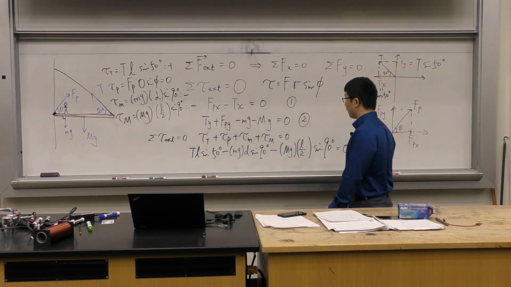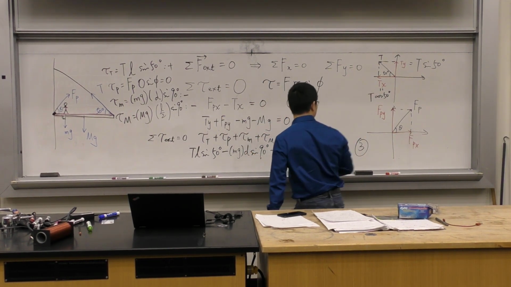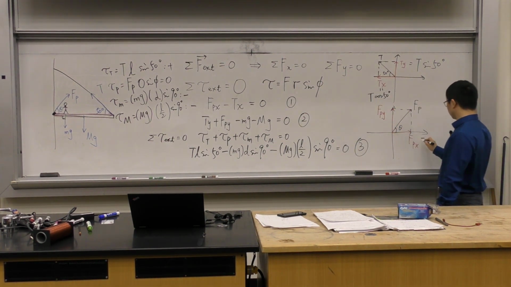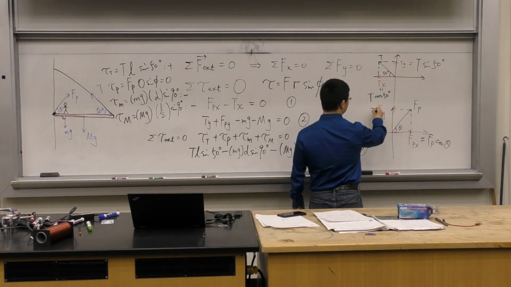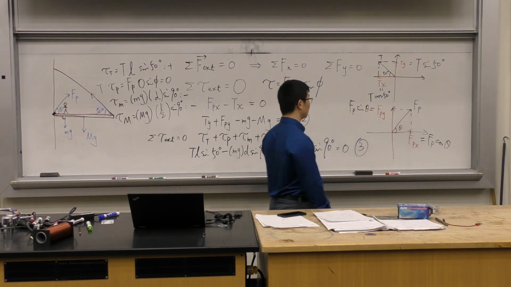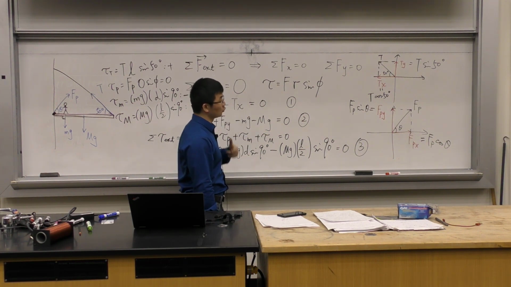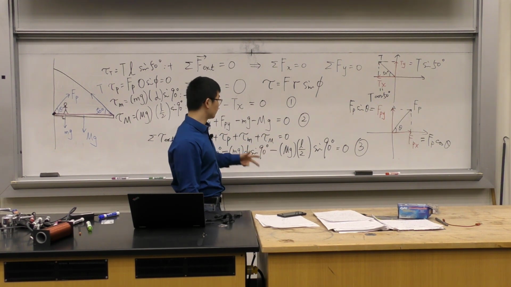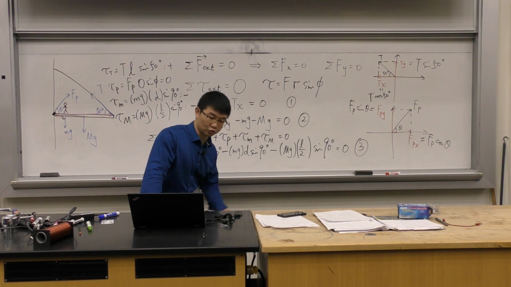And then you also have this Fp x and y. In this diagram, you can write them as Fp cosine theta and Fp sine theta. Then you will have Fp, one unknown, theta, another unknown, and T, another unknown: three unknowns in three equations. You can always solve them. You just substitute and substitute.